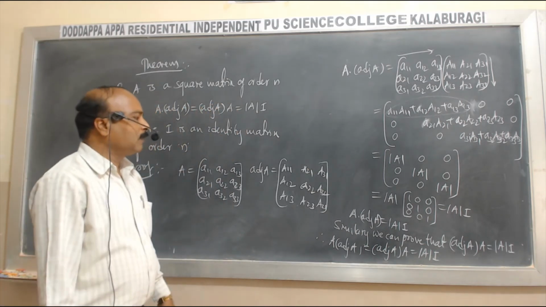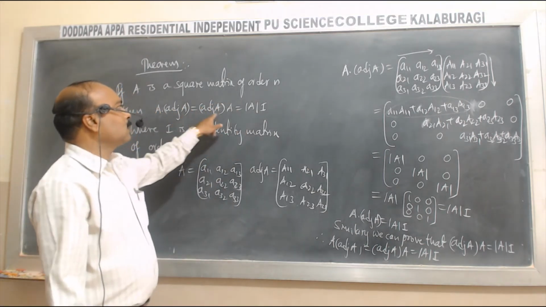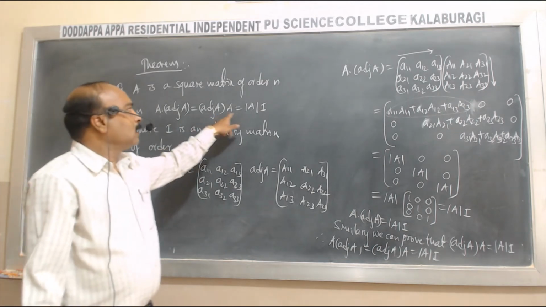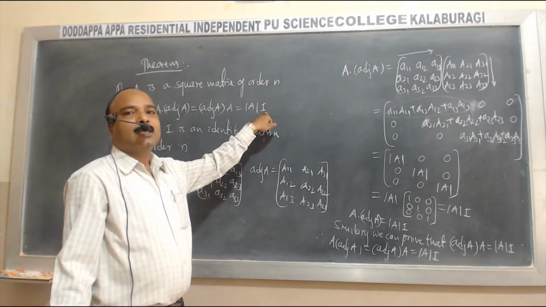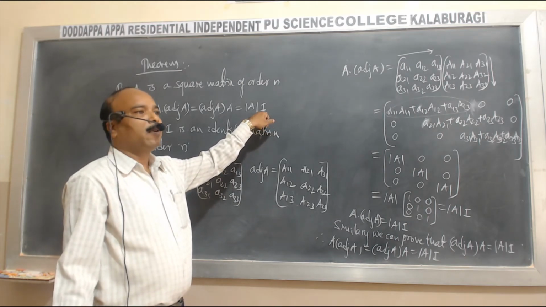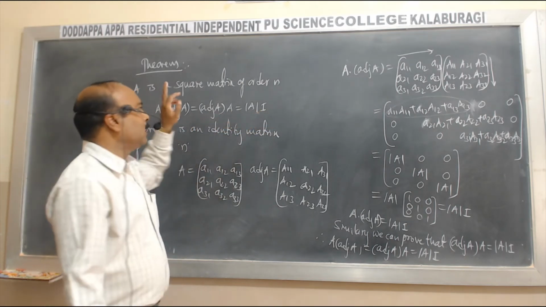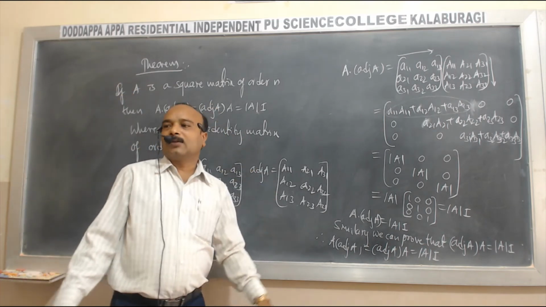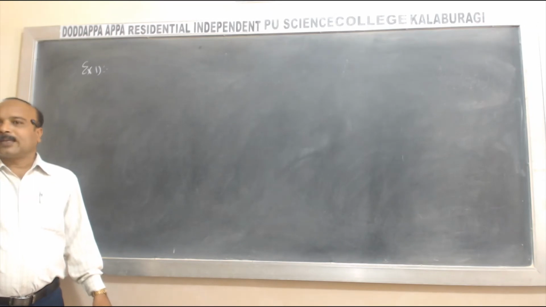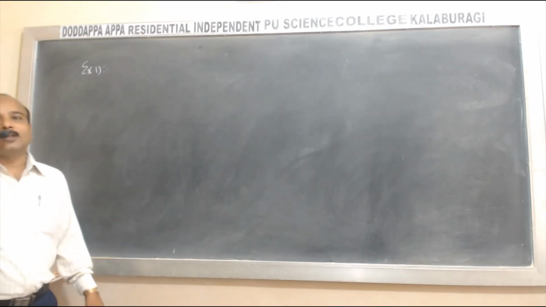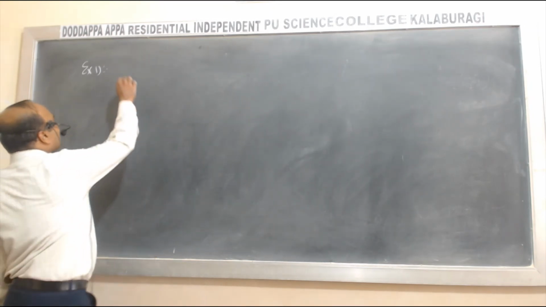It satisfies for all square matrices, where determinant of A is the determinant of the given matrix and I is the identity matrix which is of the same order as that of the given matrix A. Like that, to prove the theorem, take this one. Now we discuss this theorem along with one example. Take this example.